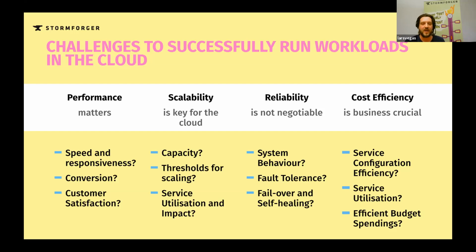I don't know anybody who wants to deploy a system anywhere which is not reliable. And then there's, of course, the business need, which is called cost efficiency. We're not talking about only saving money, but spending the budgets on the right thing and knowing actually where you're spending the budgets. And with all that in mind, having high complexity, we need high speed.